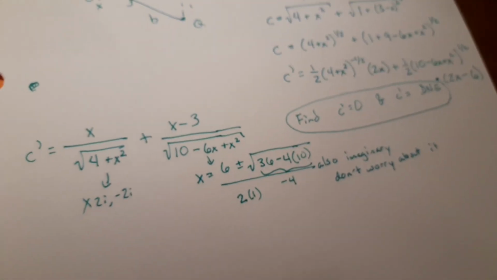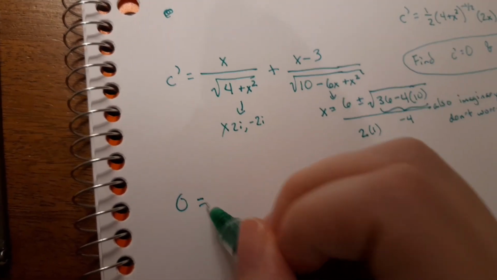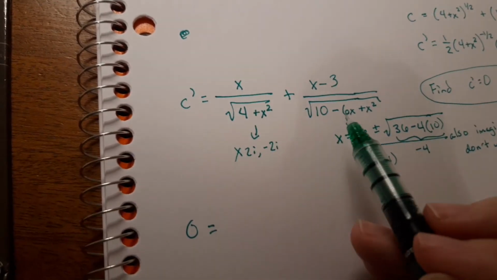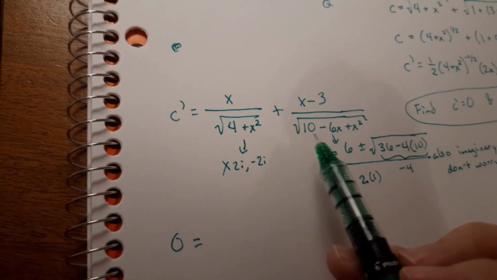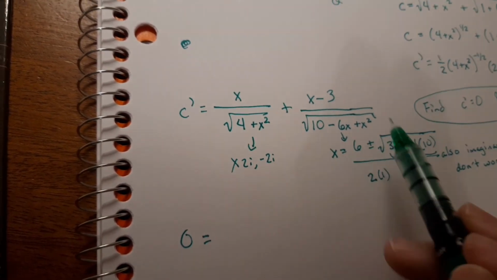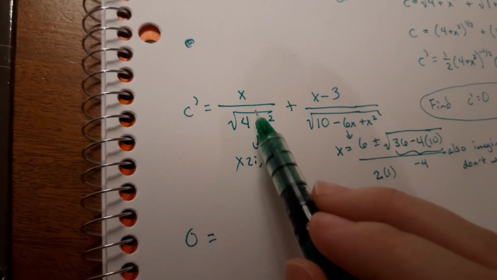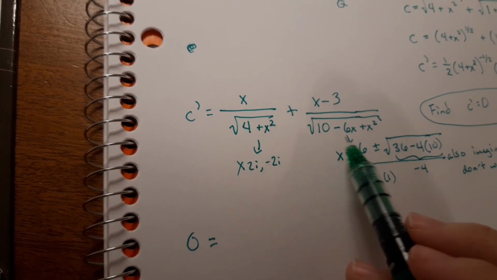So we're going to keep on going. So 0 is equal to, and we want to have a common denominator. So we're going to pick the simplest option of the common denominator, which is just this denominator times this one. And so if we want the common denominator here, we're going to multiply x times this denominator.